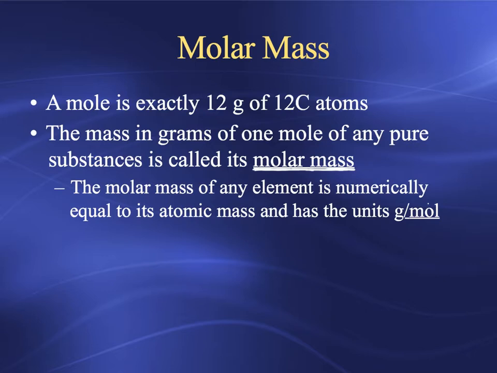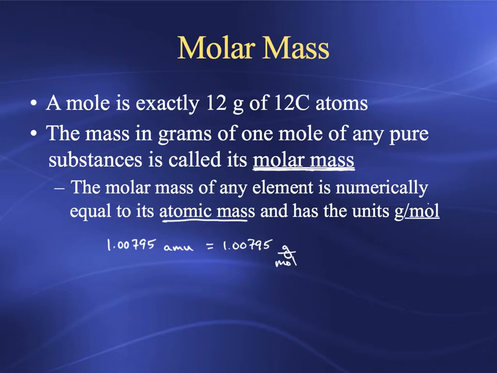So if you're looking at your periodic table for hydrogen, its atomic mass in the top left box will say 1.00795, and the units we had for that previously were AMUs, atomic mass units. That also turns out to be this substance's molar mass, 1.00795 grams per mole.